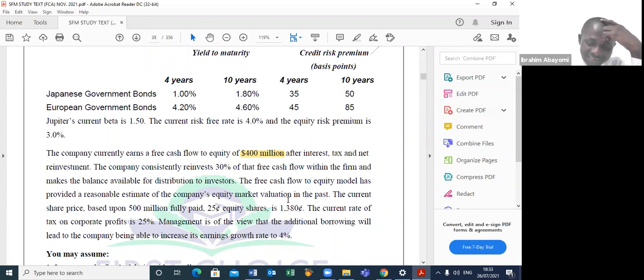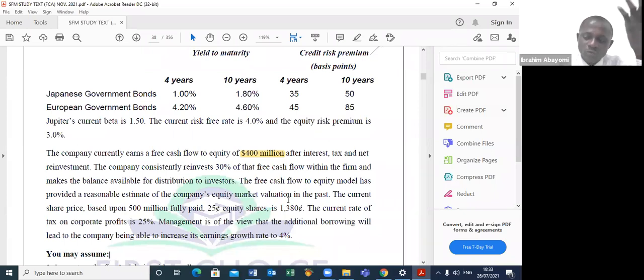And I told you then that this growth rate is not limited to only dividend growth. It can be used to calculate anything that is growing at all. You can apply it to any other aspect of the subject where you have other things growing.